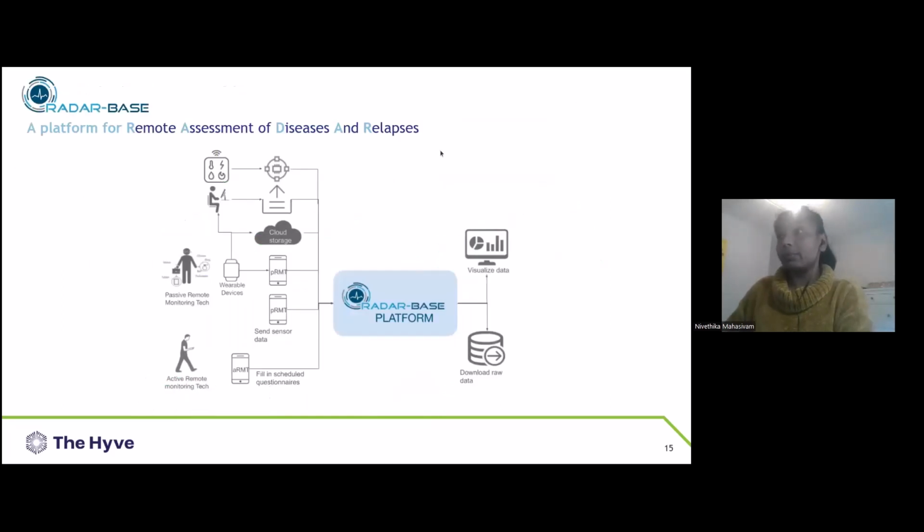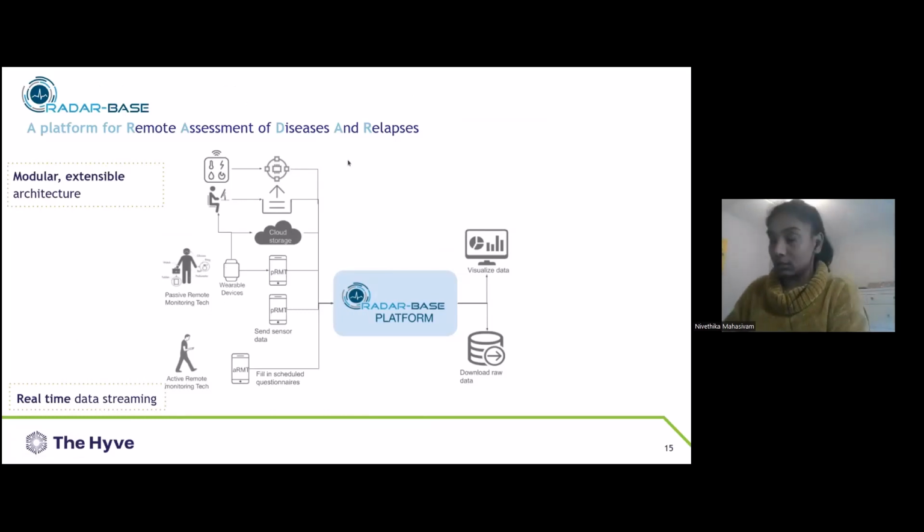So Redder-based is a platform for remote assessment of disease relapses. And it does both passive and active monitoring. I'll go a little bit deeper into what kind of data collection or ingestion is possible.